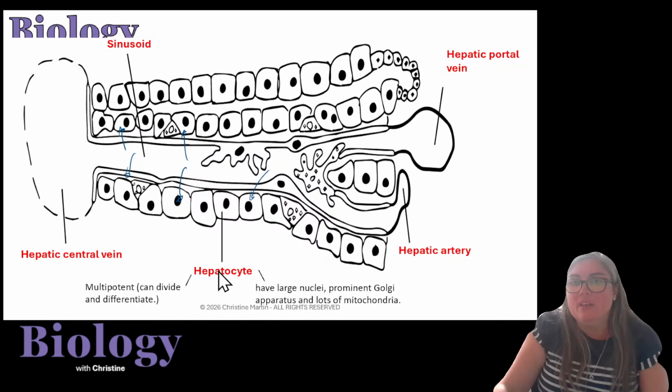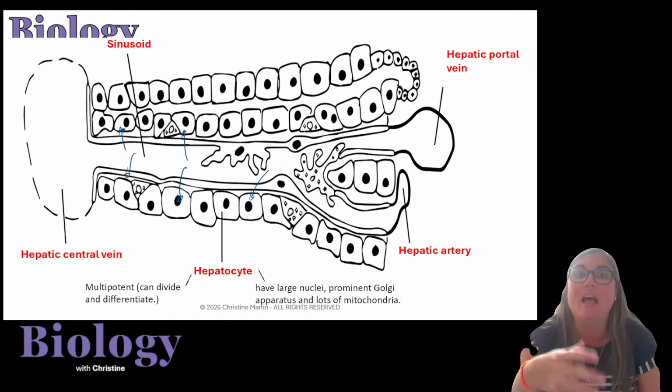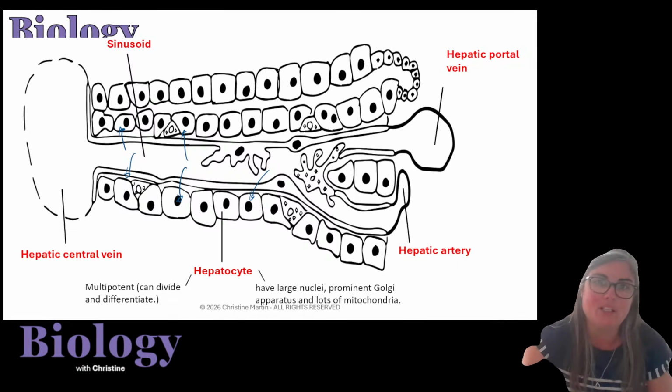Okay, one of the things to know about your hepatocytes, again, if they ask you, does the cell have a large nucleus? Does the cell have prominent Golgi apparatus? Does the cell have lots of mitochondria?